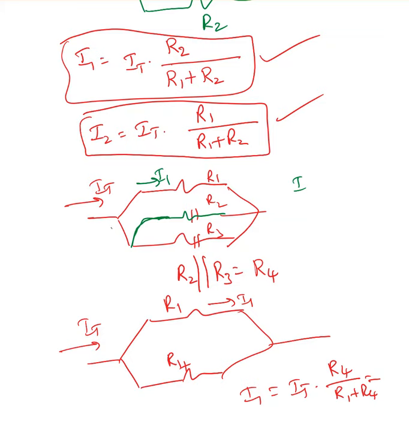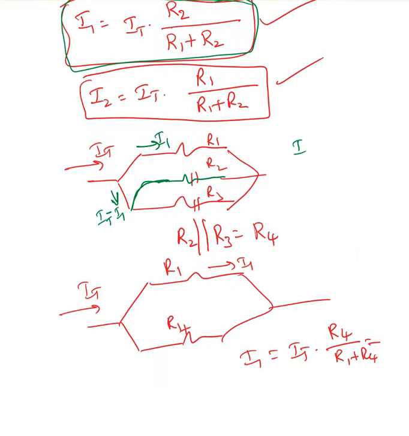Now the rest of the current is going to pass through this, right? So the current here is I total minus I1. Now again I'm going to use the current division rule to find the current in R2 and R3. That's how I'll find it. So I highly recommend you remember this formula. We're going to use this a lot. The current I1 equal to I total times opposite resistance over total resistance.